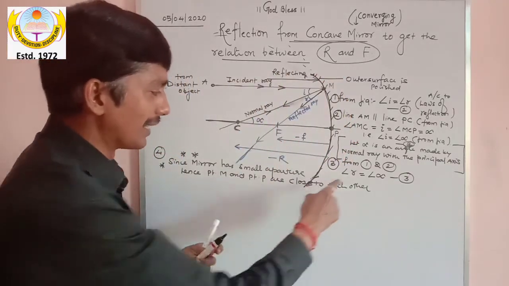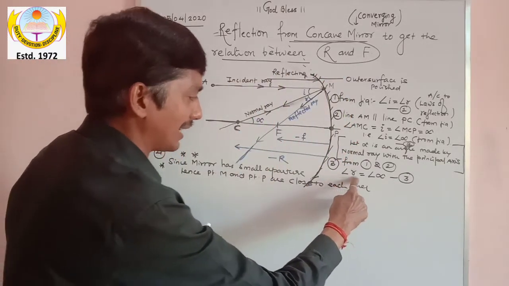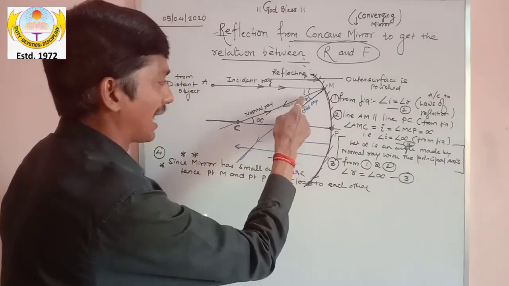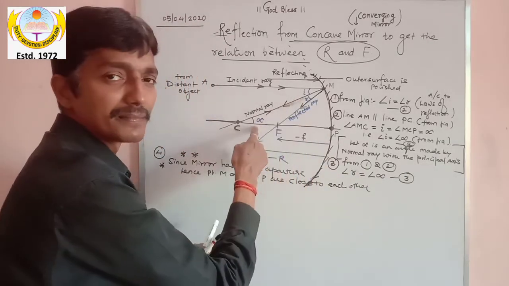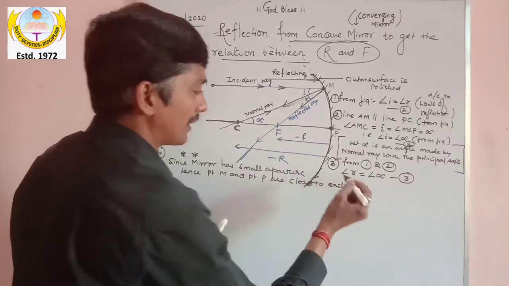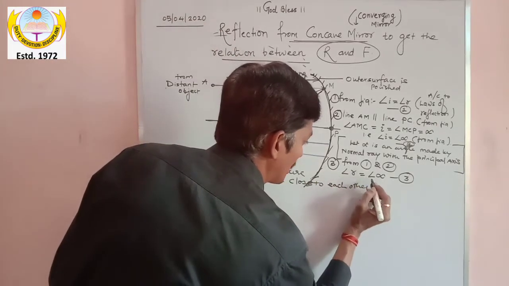Okay. Now my dear, here I have written angle R is equal to angle alpha. Can you see R and alpha are equal? Okay. What is the meaning of this if angle R and angle alpha are equal?